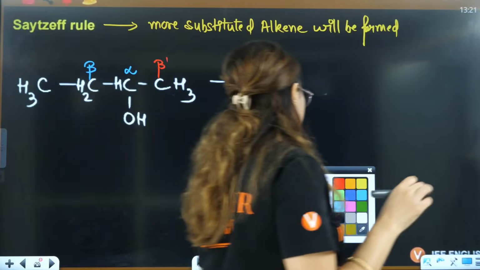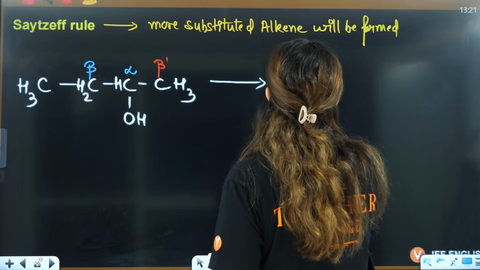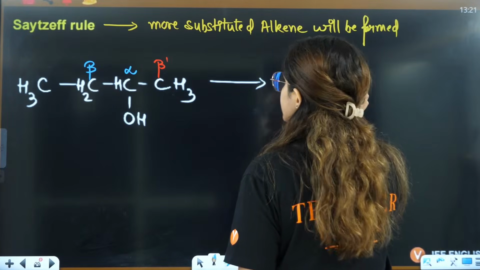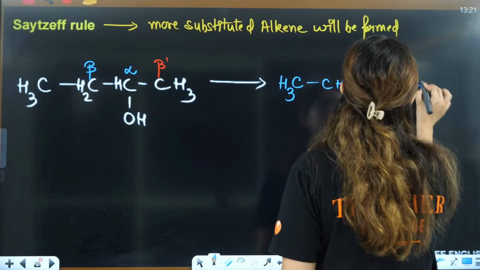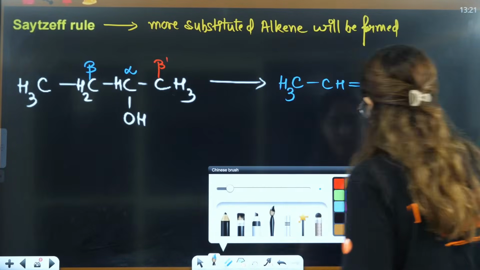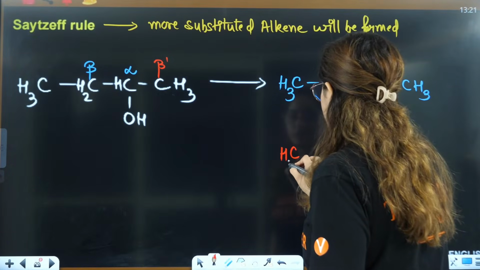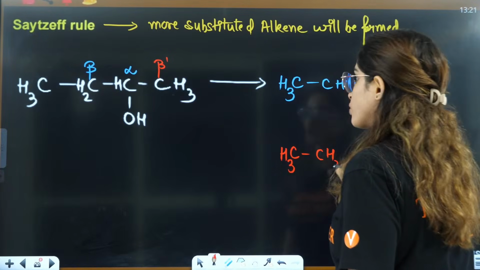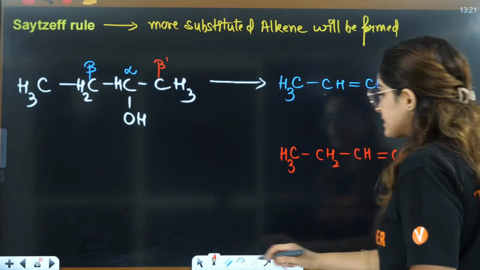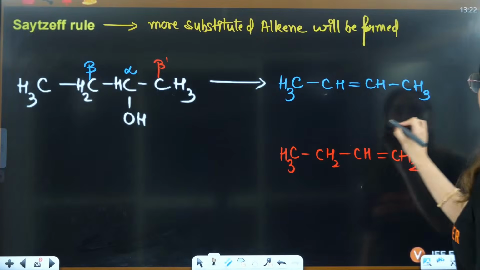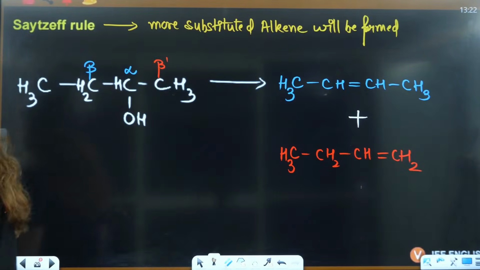With blue I am drawing: if from the beta position you have the elimination, this will form CH3, CH double bond, CH, CH3. If from beta dash it is eliminated, this will give CH3, CH2, CH double bond, CH2. These two things are formed here.